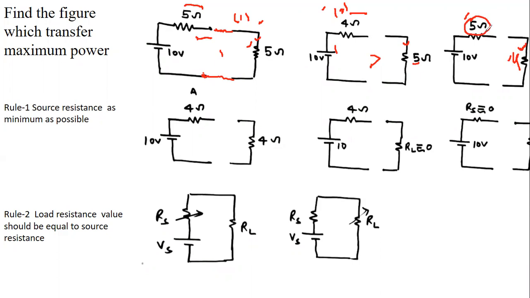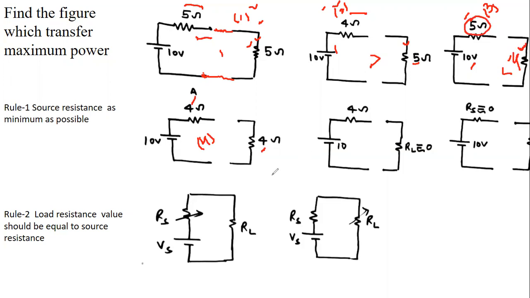If you can reduce the source resistance, then power will be increased. But when you fix the source resistance, the load resistance should be equal to the source resistance for maximum power. So considering circuits 1, 2 and 3, the third consumes very little power, then circuit 1, then circuit 2. Now here we have taken 4 and 4, both again the same. So circuit 4 has maximum power if we compare circuits 1, 2, 3 and 4.